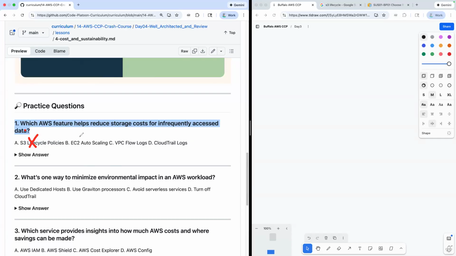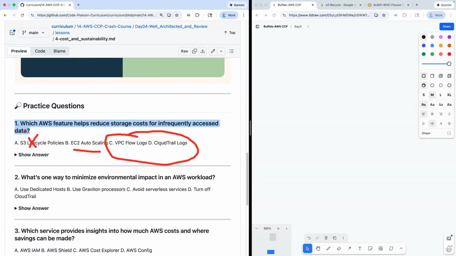B, auto scaling, I think makes sense for this. Okay. And C, I can't remember. The last two are similar, so I think they would be together. Maybe the first two don't make sense.